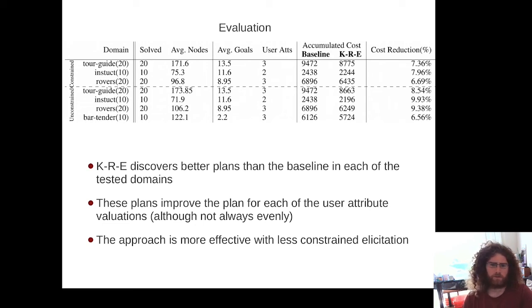The plans improve from the baseline for each of the user attribute variations, so each of the potential users that we've looked at. The approach is more effective with less constrained elicitation, as you'd expect. So if you can elicit earlier, then you can specialise more.